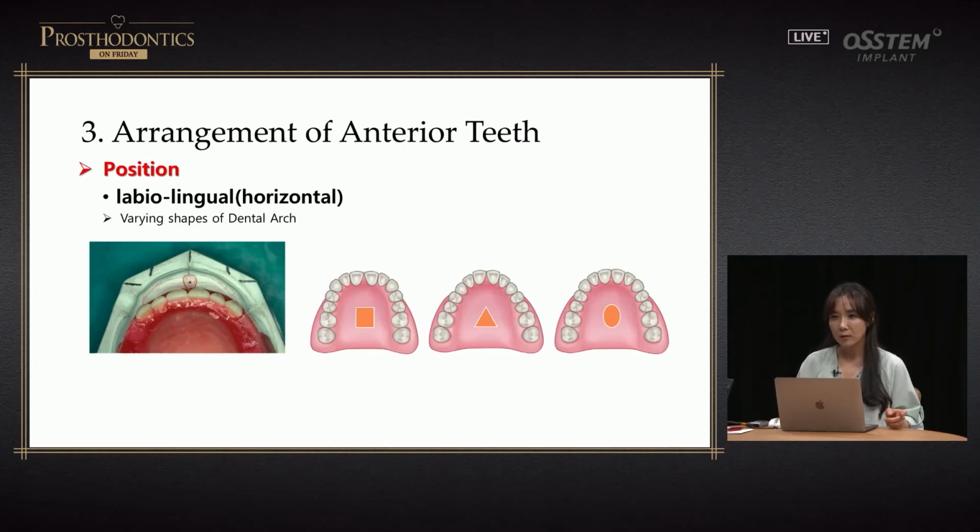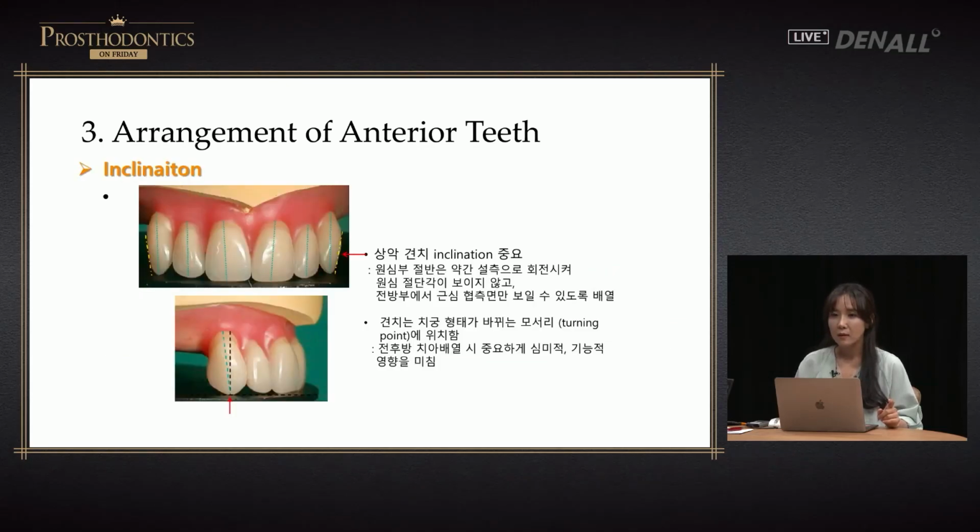In selecting artificial teeth, we need to look at the arch form of a patient, whether the teeth are square, ovoid, or triangular. After considering all of these, after selecting the teeth, as we did a lot in hands-on classes, we need to look at the inclinations.